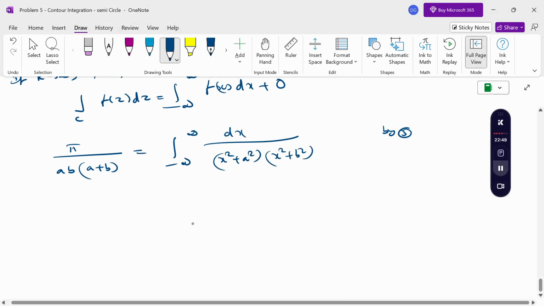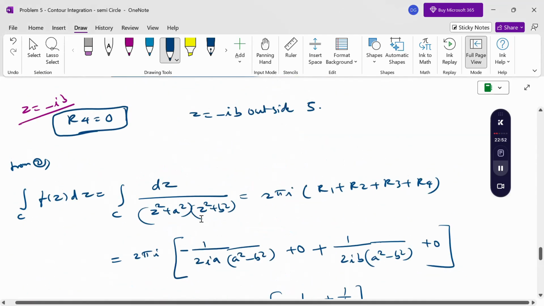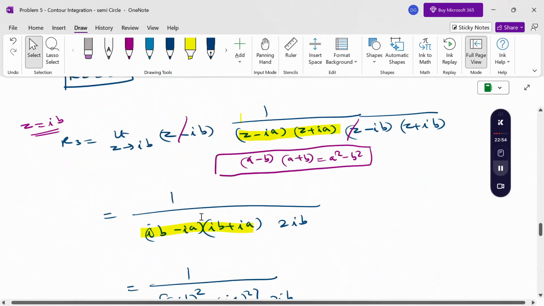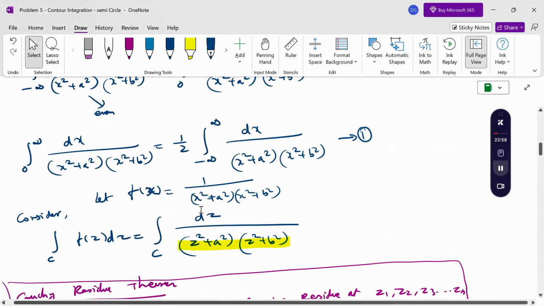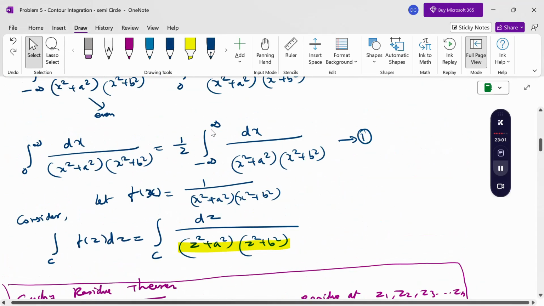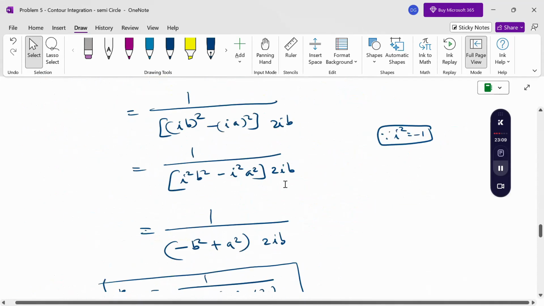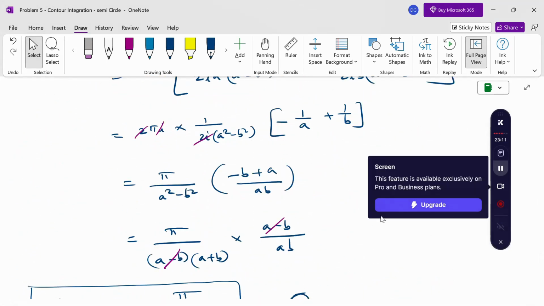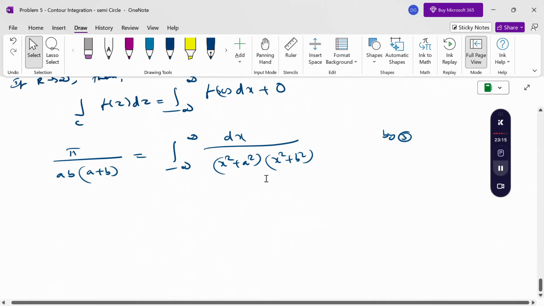But when we replace this condition with 0 to infinity, from minus infinity to plus infinity, when we replace it with 0 to infinity, we multiply by 1 by 2.